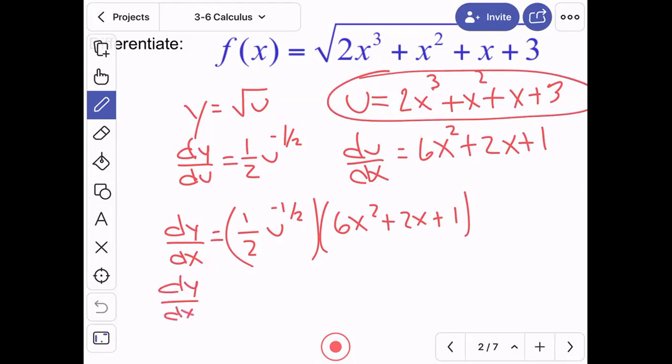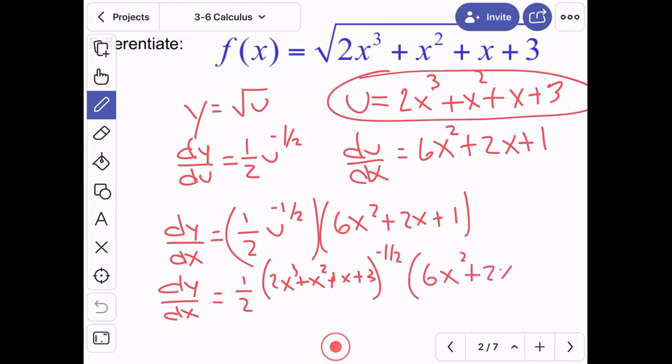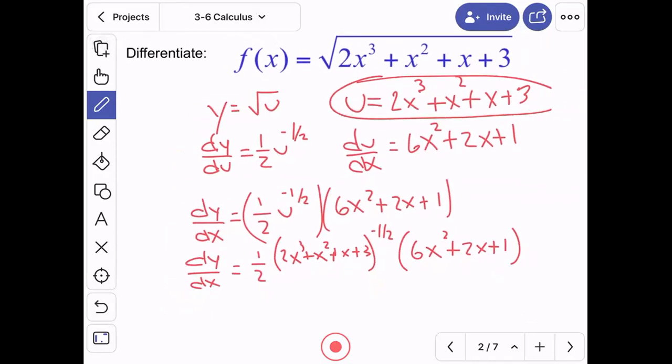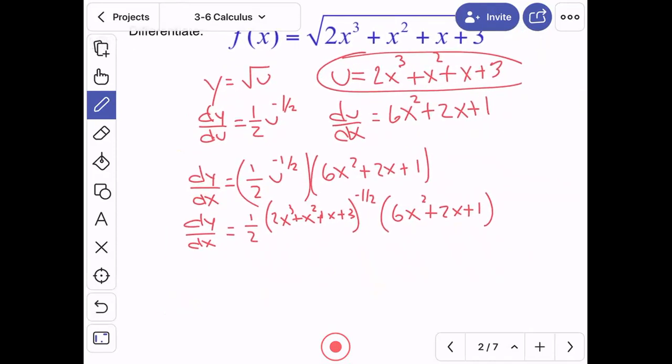So dy dx is 1/2 u to the negative 1/2 times du. There is my derivative of the square root. You could go on to simplify this just a little bit more. dy dx.